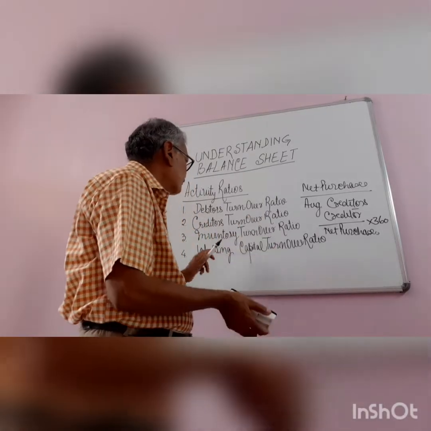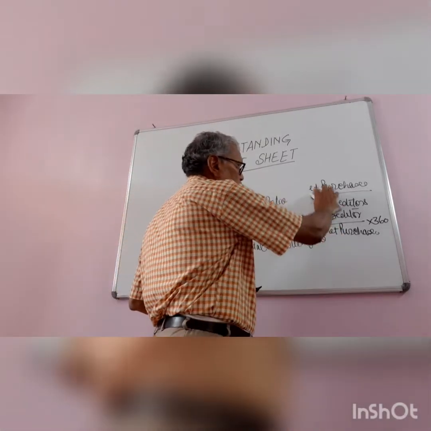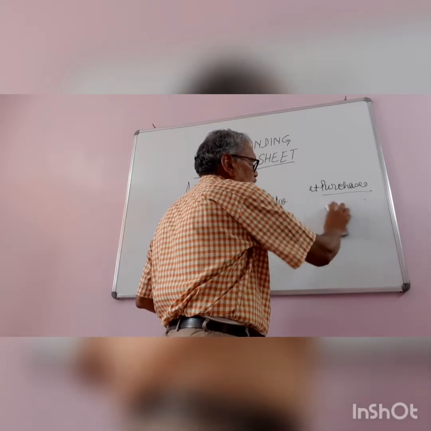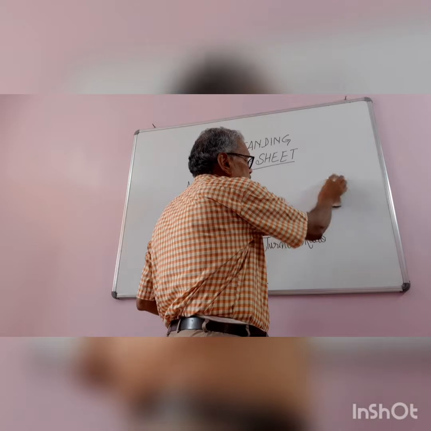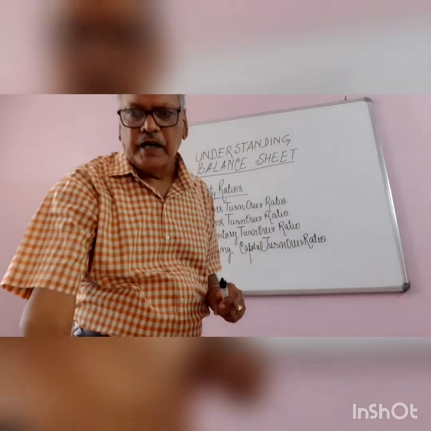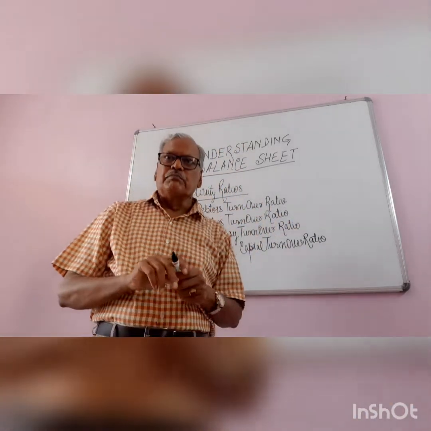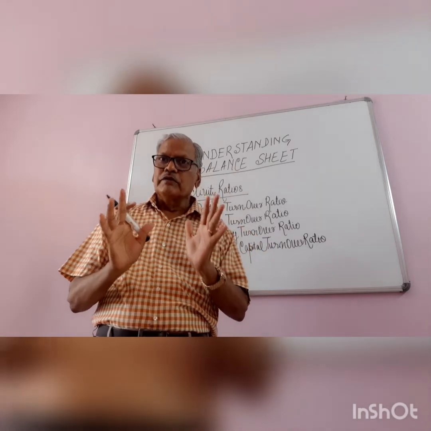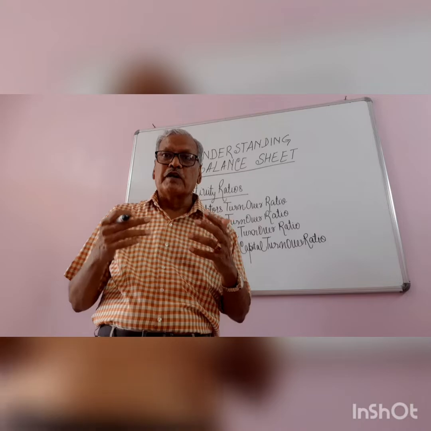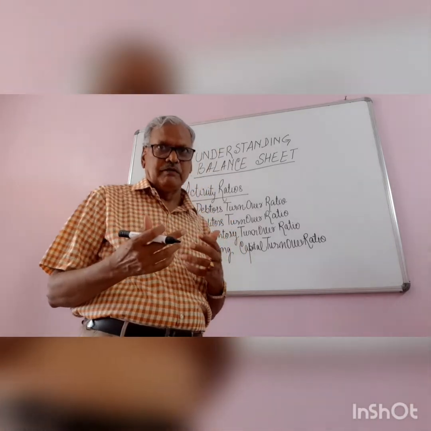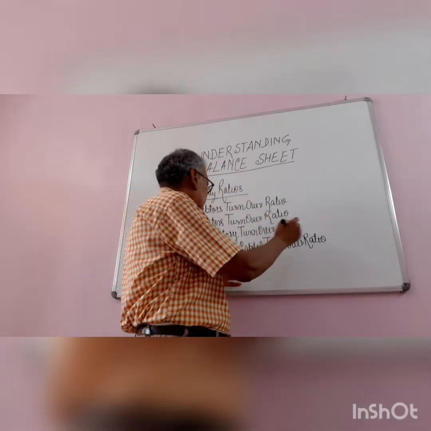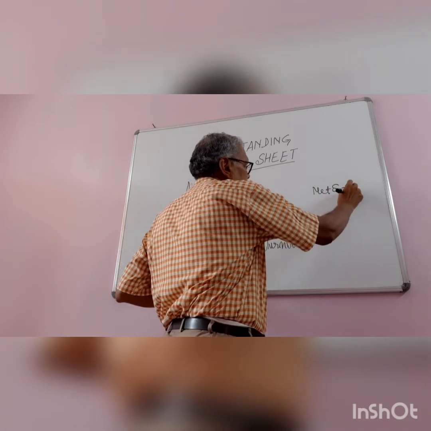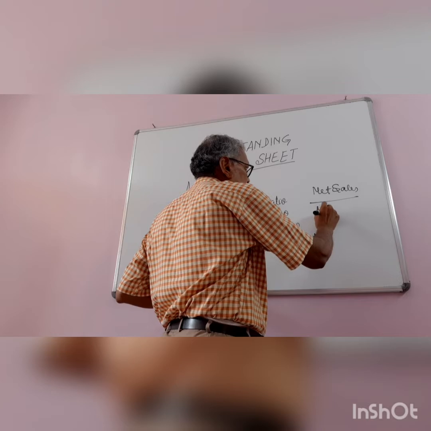I will now shift to inventory turnover ratio. Inventory turnover ratio is also important because business is not a static activity. Business is always a dynamic activity. So inventory has to be turned over as fast as possible. Again, we will calculate this using net sales divided by average inventory.